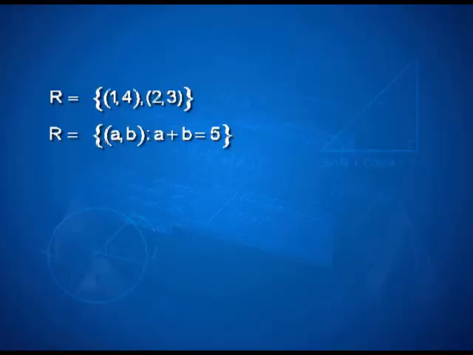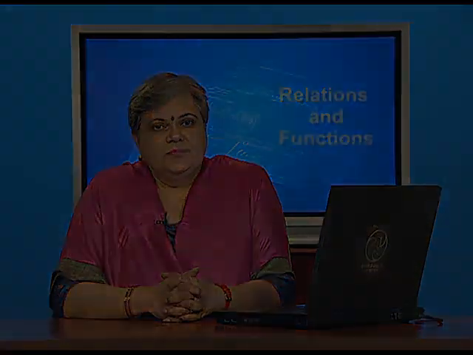So, I can express this set R, which is in the roster form right now, in the set builder form as R is equal to {(a, b) such that a plus b is equal to 5}. And now, this is what we would be investigating a little more closely under the topic of relations in our next lesson. So, stay tuned.